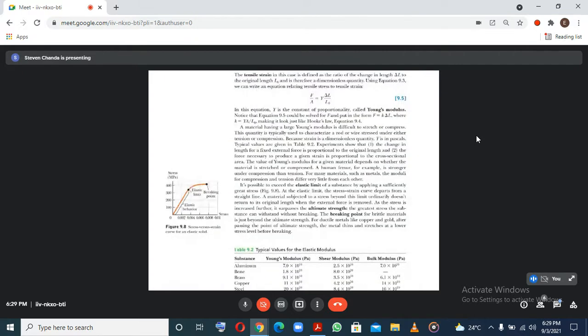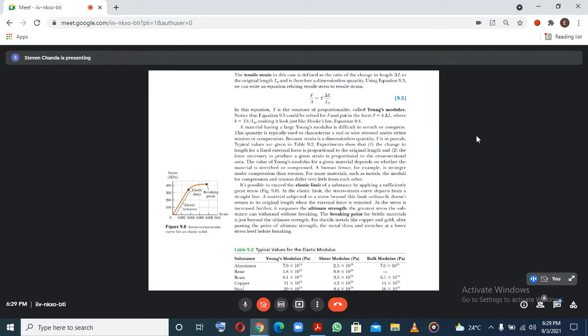So what we arrive at now is equation 9.5, and that Y there is what we call the constant of proportionality, or the Young's modulus. Okay, so that's an important thing.